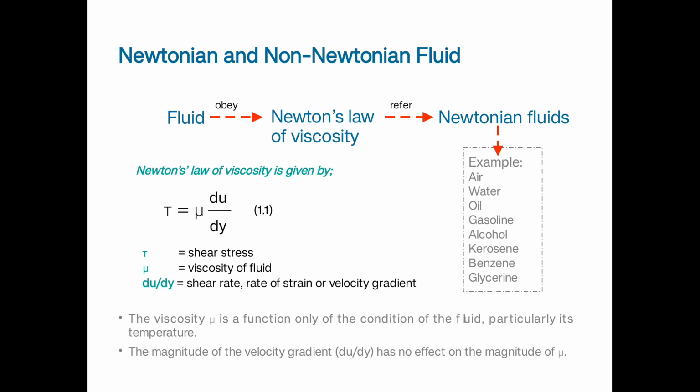Got it? That means if you plot a graph of the variation of shear stress against the variation of the rate of shear strain, that is the velocity gradient, on the y and x axes, a Newtonian fluid exhibits a definite straight line passing through the origin with a slope equal to its own viscosity.